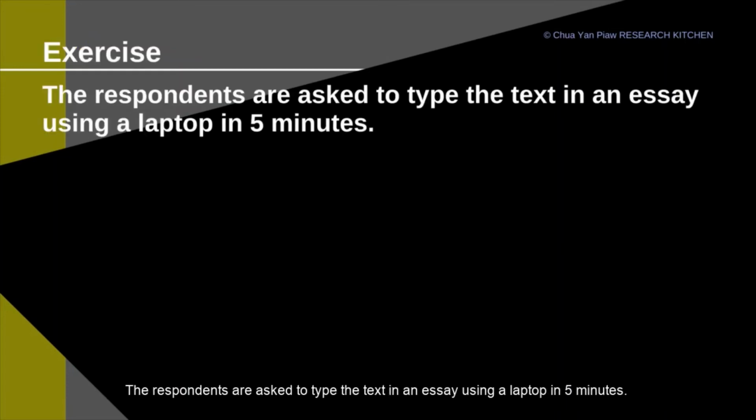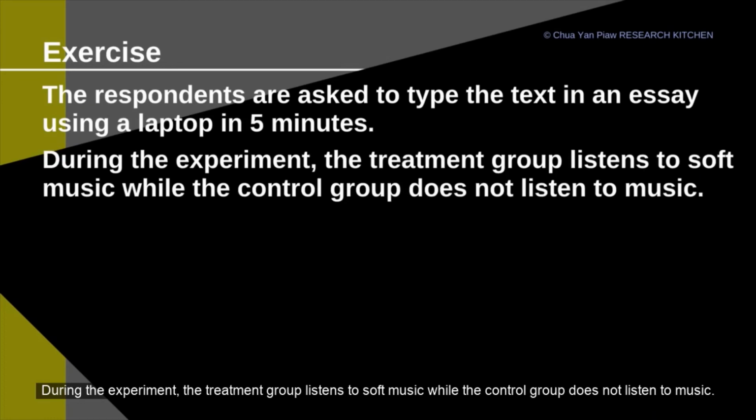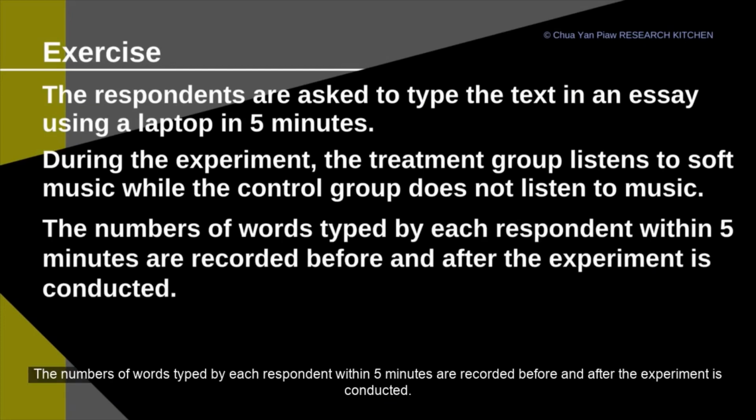The respondents are asked to type the text in an essay using a laptop in 5 minutes. During the experiment, the treatment group listens to soft music, while the control group does not listen to music. The number of words typed by each respondent within 5 minutes is recorded before and after the experiment is conducted.